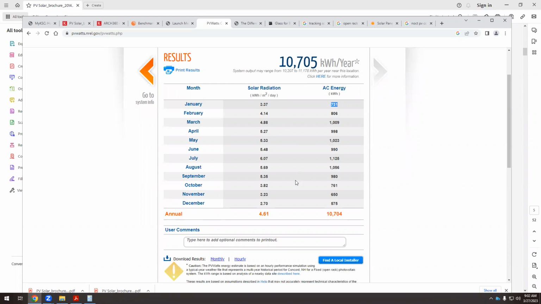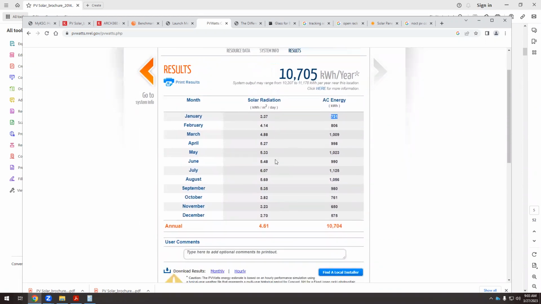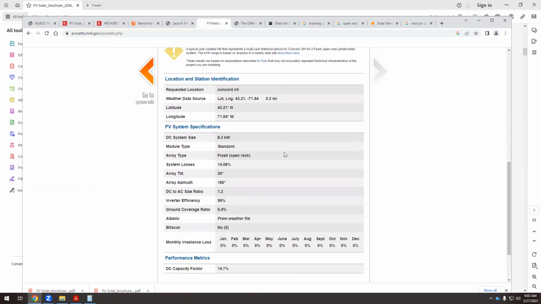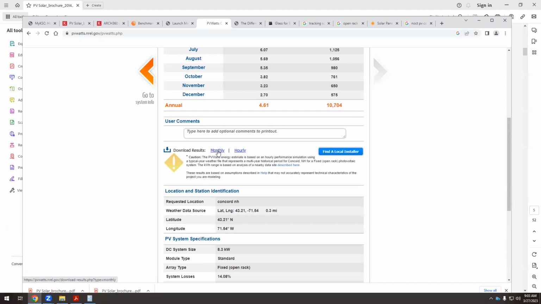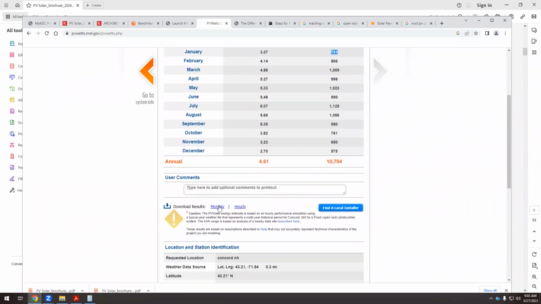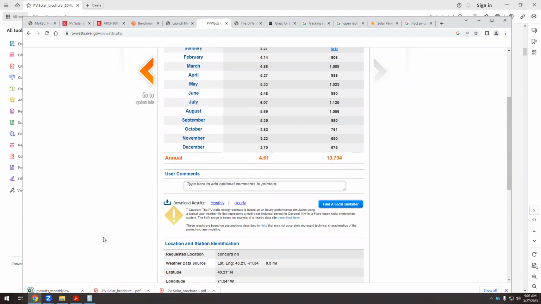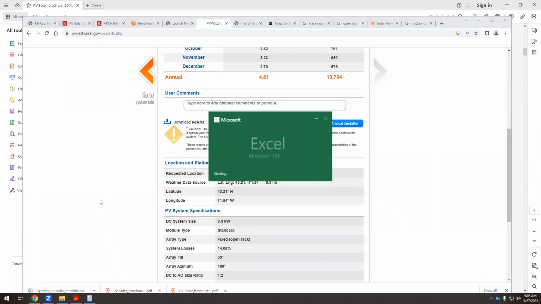So that's it. Is it everything that we know? In PVWatts, we have great information here. We can download monthly or hourly analysis. If we download this monthly, we get this Excel file. So we can open that Excel file and see what happens.